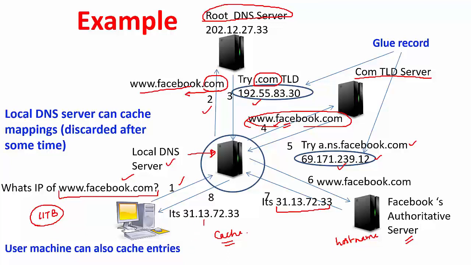And this cache, like anything else, has an expiry date. In other words, entries are not cached indefinitely. They are discarded after some time. How long to keep this entry? Actually, this server, which is the authoritative server, will tell as part of the answer here.